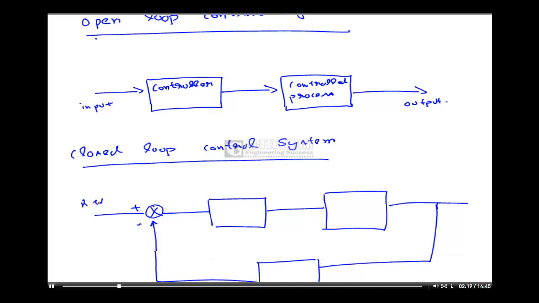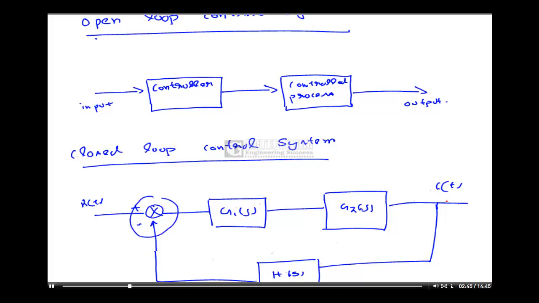Input R(t), output C(t). This is my feedback. This is my controller and control process. Okay. So this is a closed loop control system. Actually, to get more accurate control, controlled signal C(t) should be fed back and compared with the reference input. Okay. So that same thing is happening here.